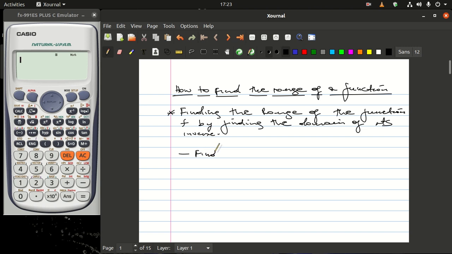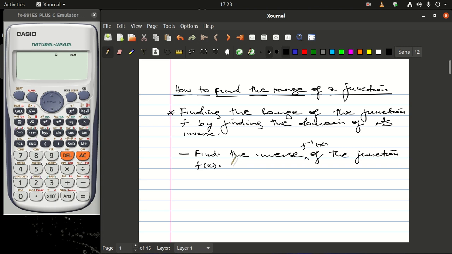First, find the inverse of the function f of x. So that's step number one. Find the inverse. We usually denote the inverse by f inverse of x of the function f of x. How do you do that?